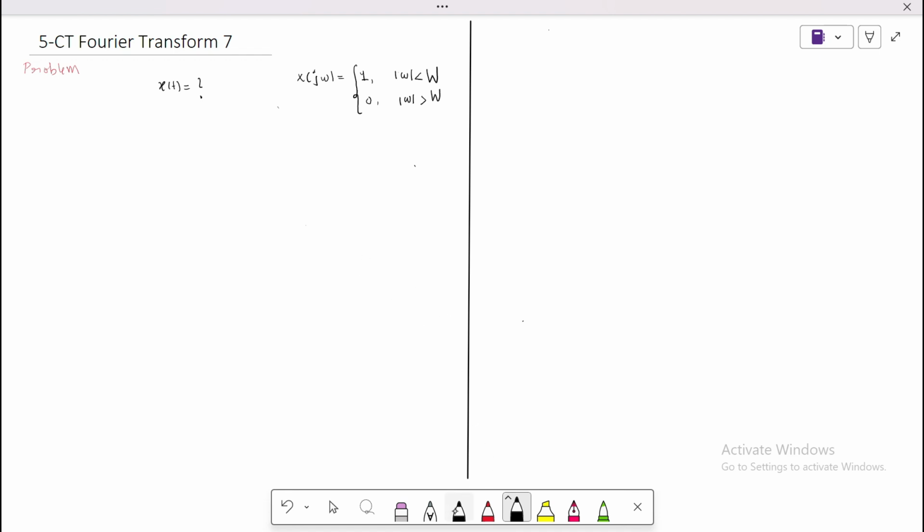Again, here I'm drawing the signal in the frequency domain. That is a rectangular pulse in the frequency domain, same concept.